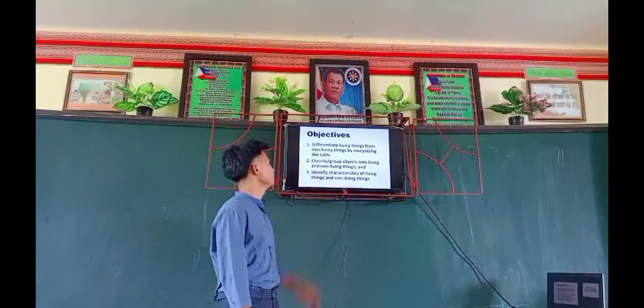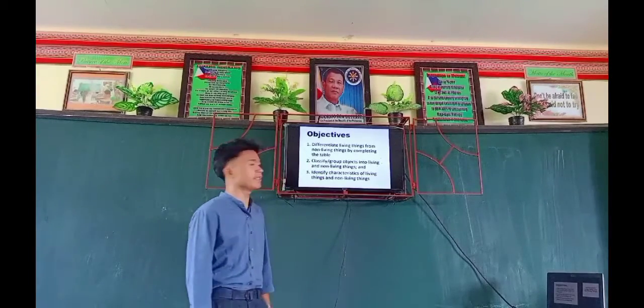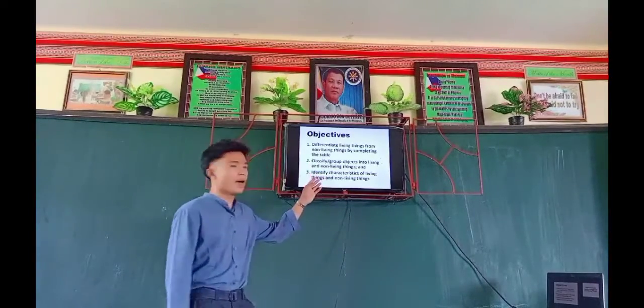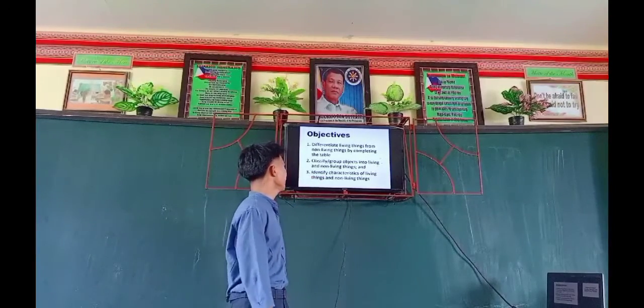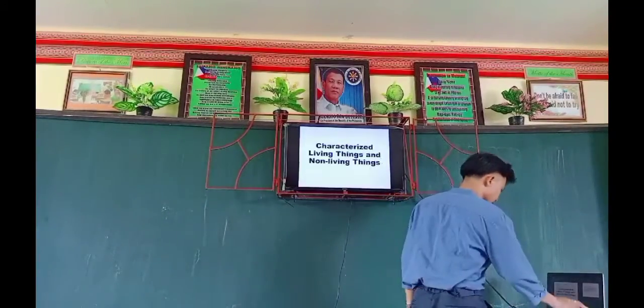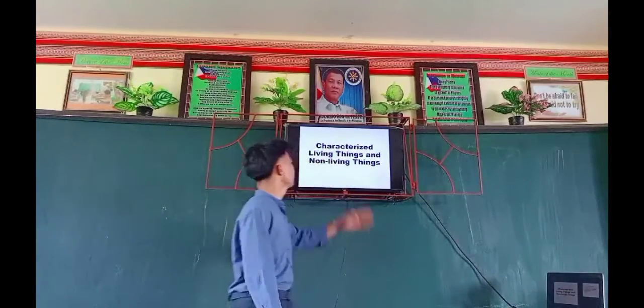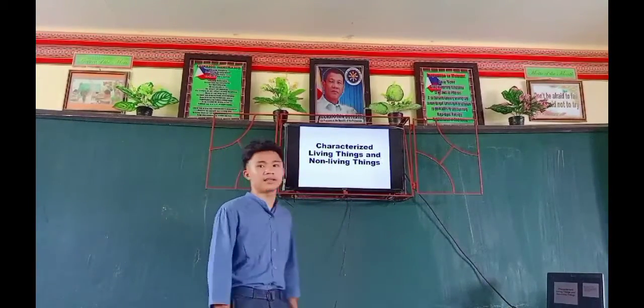Number 2, classify or group objects into living and non-living things. And number 3, identify characteristics of living things and non-living things. So, our new lesson for today is characterize living things and non-living things.